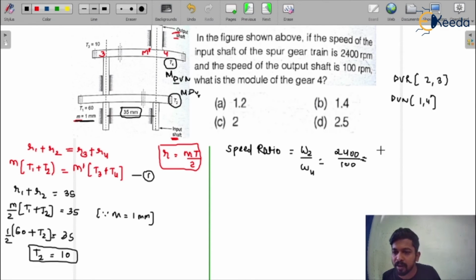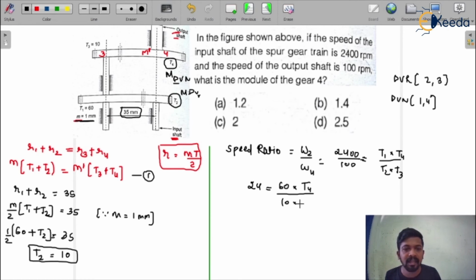So we get T1 into T4 upon T2 into T3. Just putting in the values that you have, that would be 24 equal to T1, which is 60 teeth here, and T4, which we have to calculate, and T2, which we have calculated as 10, and T3 is given, that is 10 also.